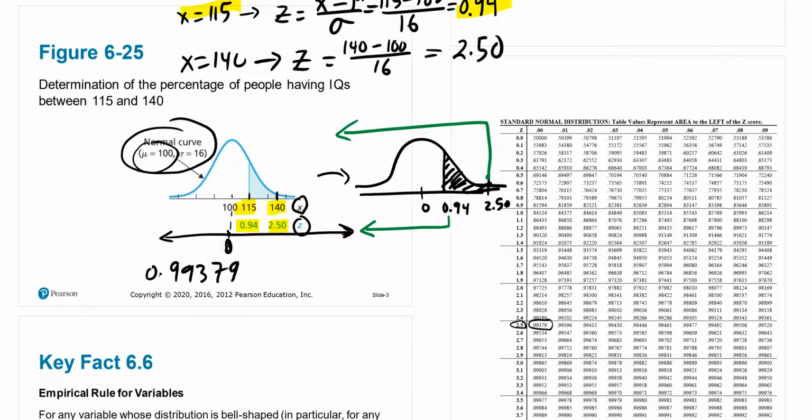Do not round, just keep it exactly as is. Minus the other one, to the left of 0.94: this is 0.9 and that's the 4, so you go horizontally this way, vertically down, where they overlap, which is 0.82639. All we have to do is subtract them, and that gives us the exact area I'm looking for, which is 0.1674.